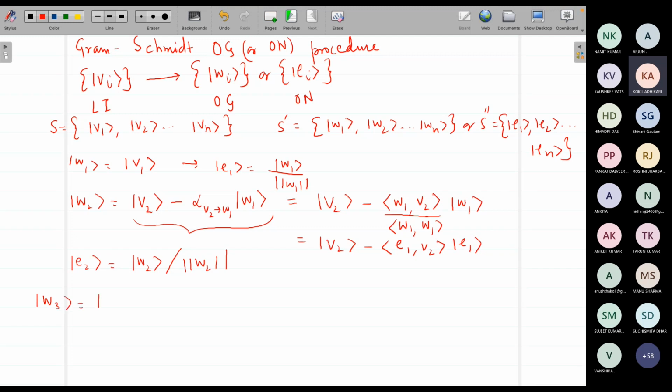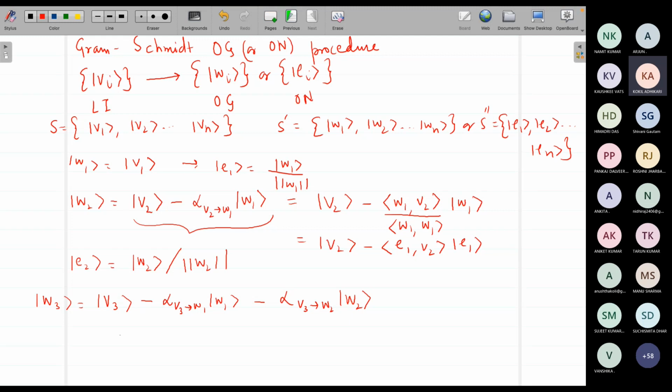What should I do now? I have to make this W3 orthogonal to both W2 and W1. So this should be V3 minus the projection of V3 on W1, and subtracting the projection of V3 on W2.